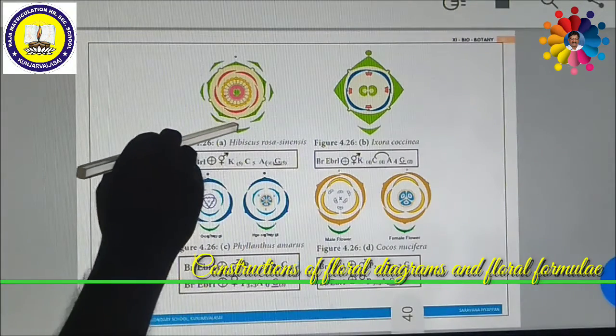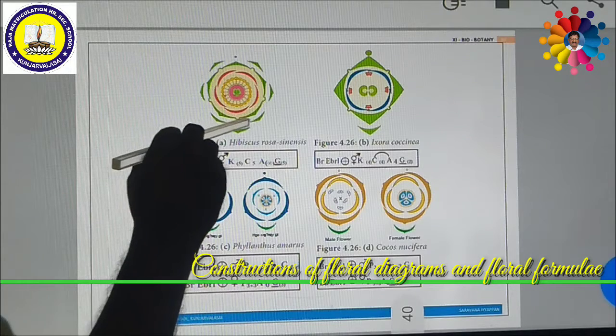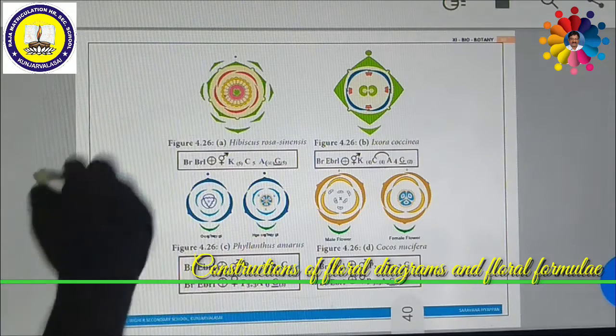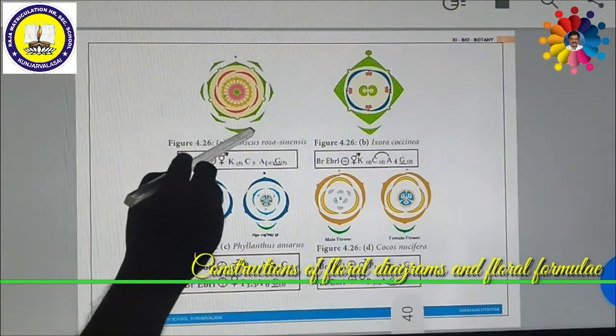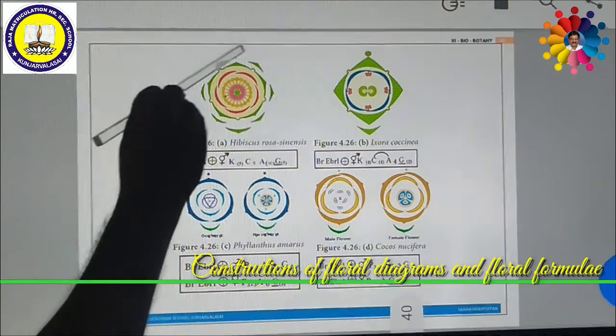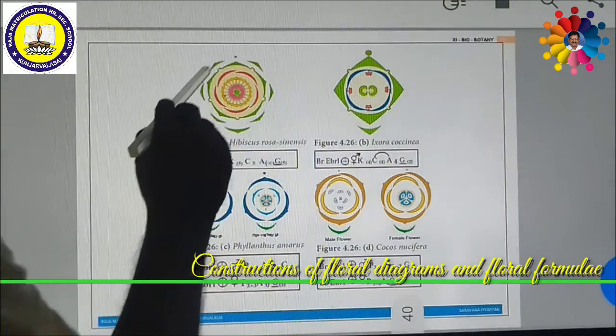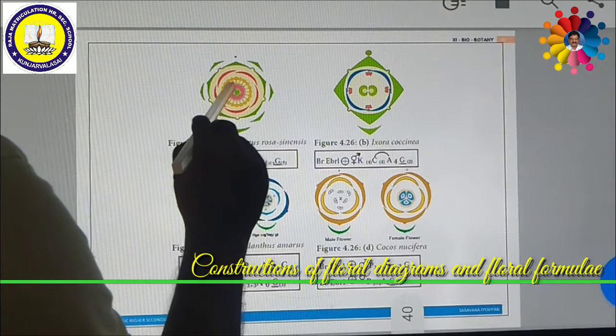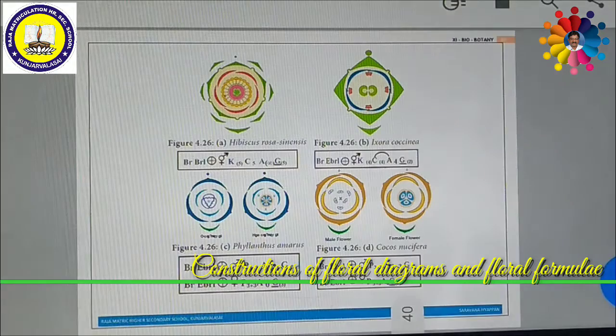That means these are called epicalyx or bracteole, which are present. Around the bracteole at the base, bract is there. So this is bract, these are bracteole, this is calyx, this is corolla, this is androecium, this is gynoecium.